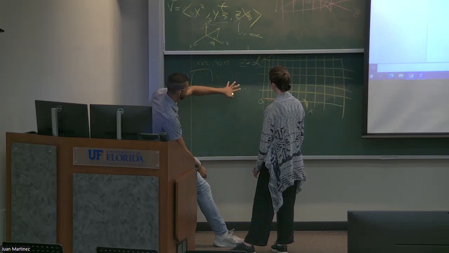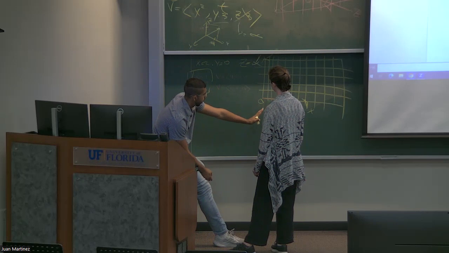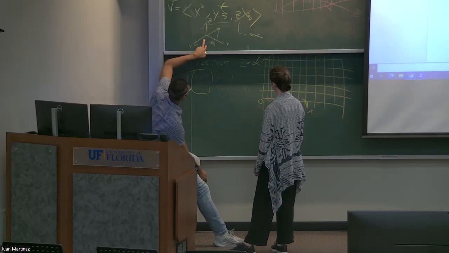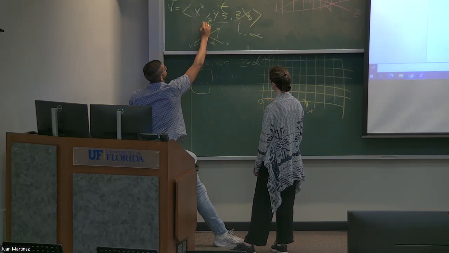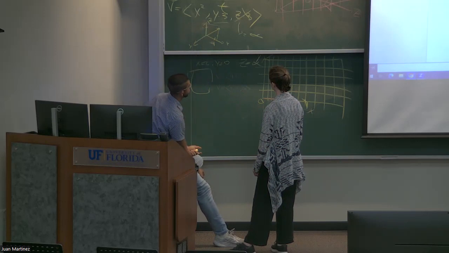For example, if you have four alpha, this is the plane alpha, you would go four that way on the x-axis, and zero on the y-axis, and terminate there.